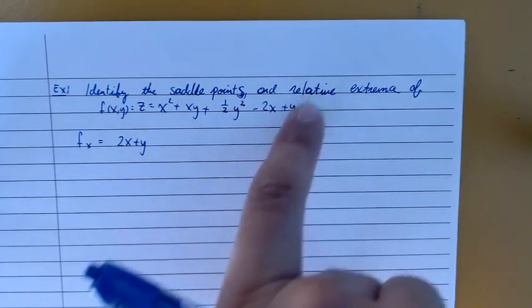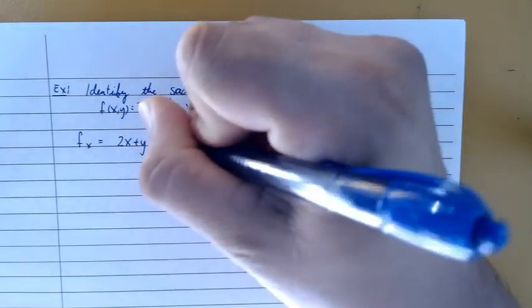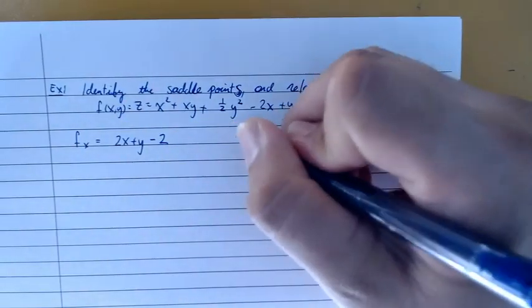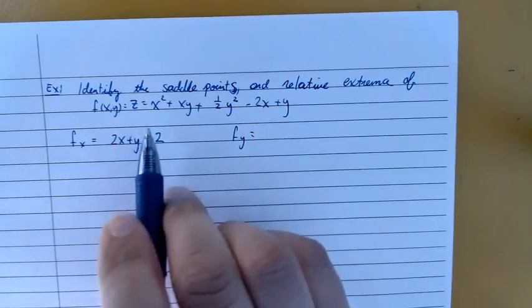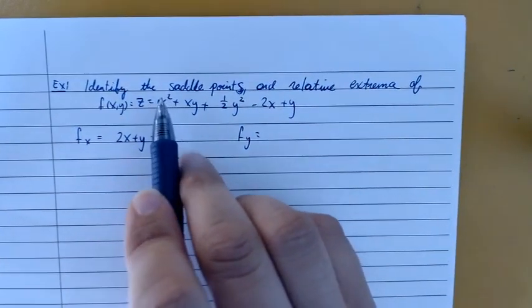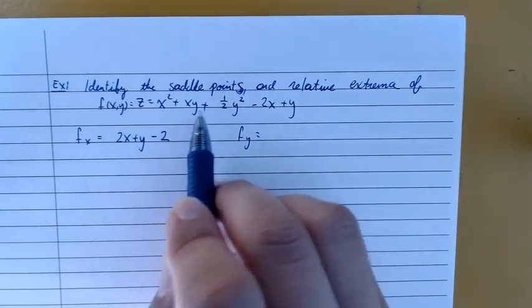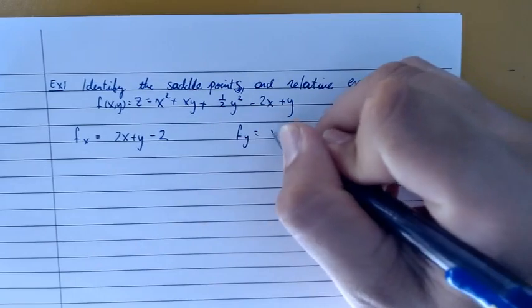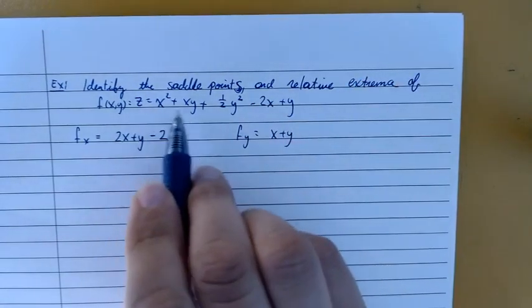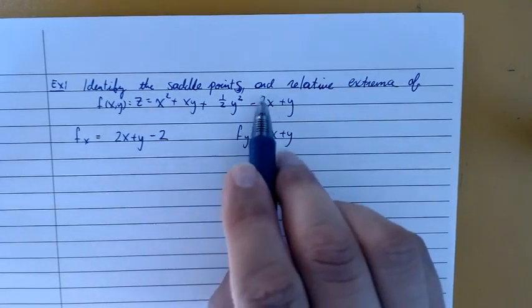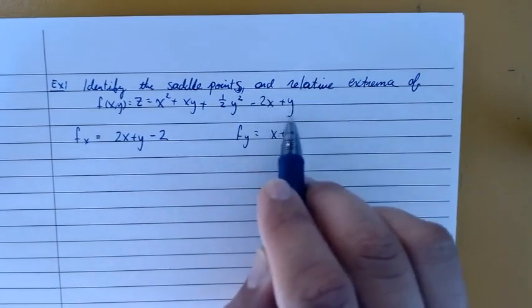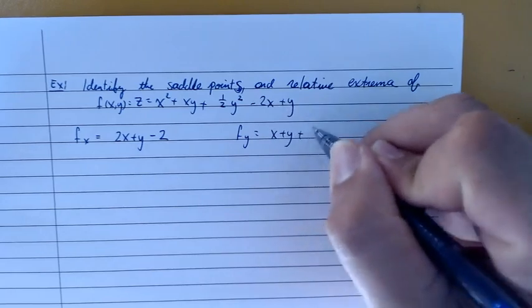And that'll have a derivative of 0. And then we can look for our derivative with respect to y. That's going to be 0, that's going to be x, that's going to be 1y. The derivative with respect to y of that one is 0, and the derivative with respect to y of this one is 1.